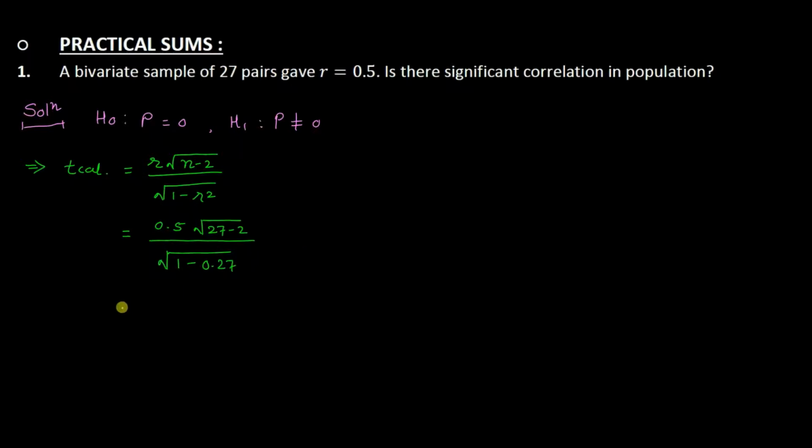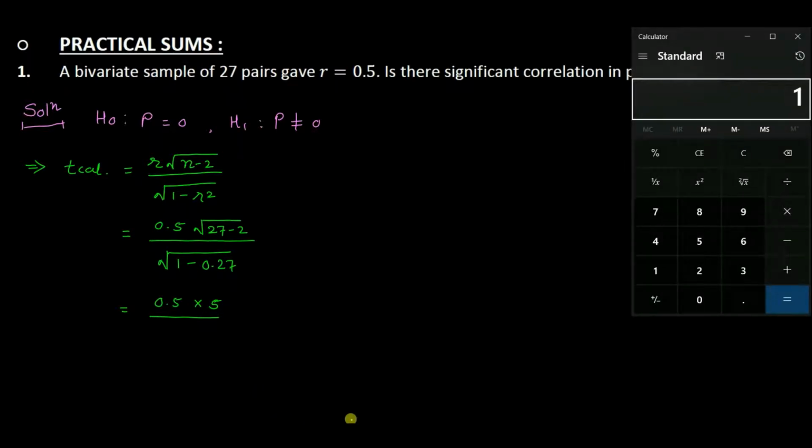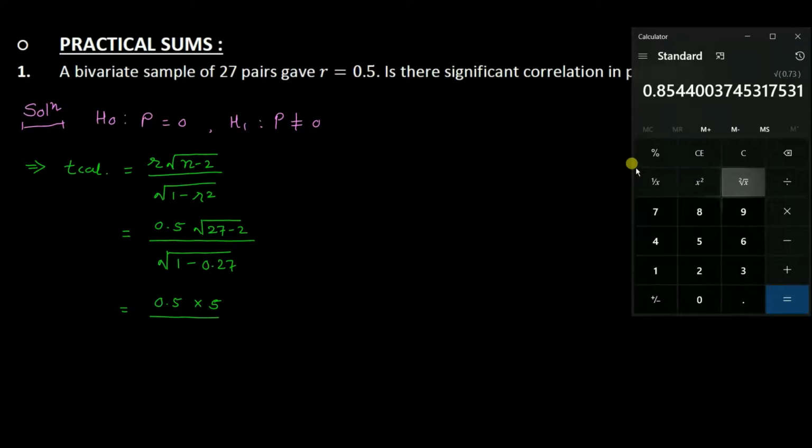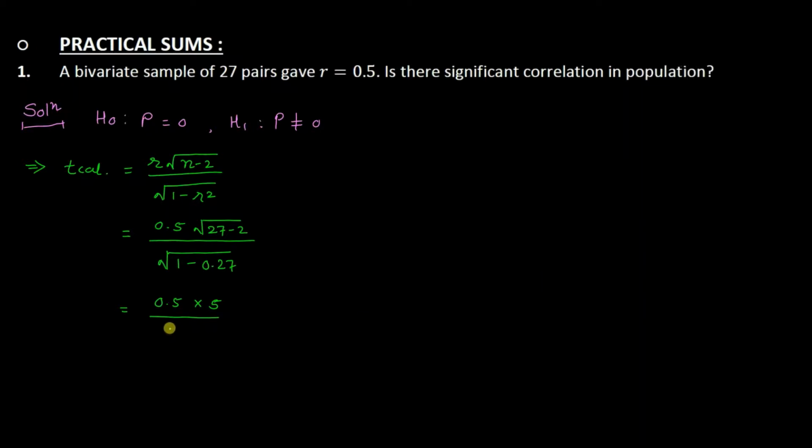If we solve, 0.5 multiplied by 27 minus 2 is equal to 25, and under root of 25 is 5, divided by 1 minus... see, here I was putting 0.27.